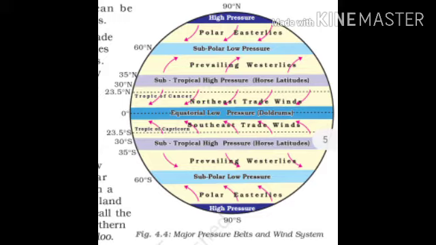These blow throughout the year, in the middle of 30° north to 30° south latitude.